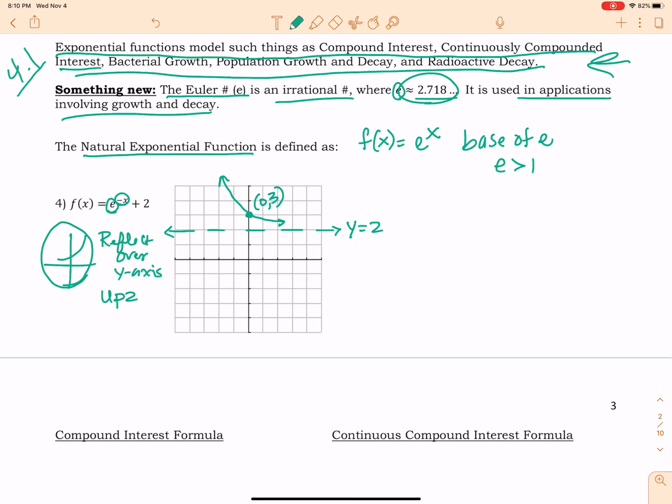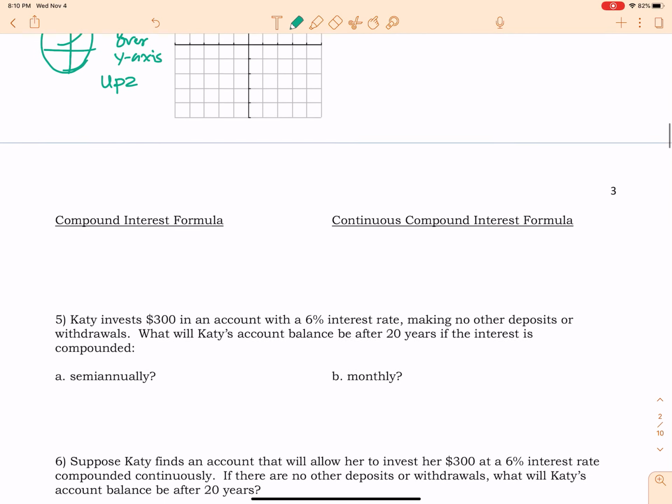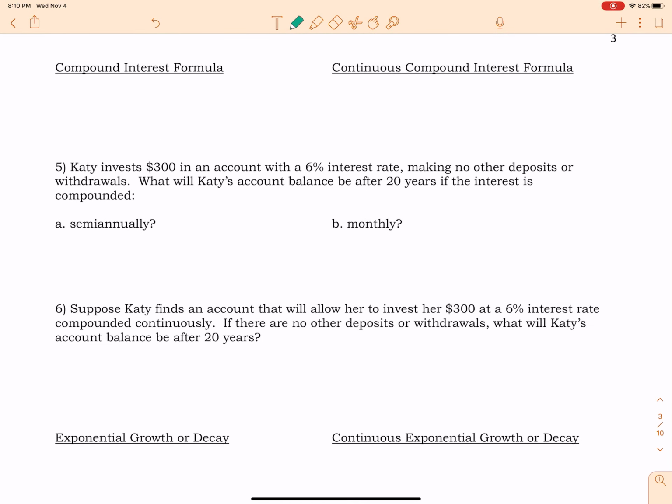All right, so how are we going to use this in finding some of these application problems? Well, we use the e in the formula. Let me show you what I mean. Compound interest formula looks like this. Don't freak out. You're going to be using a calculator to find all these values. So what do all these letters mean? P is the principal.